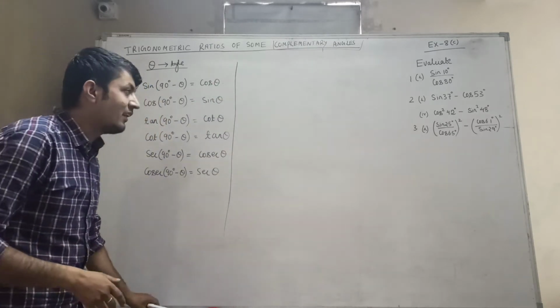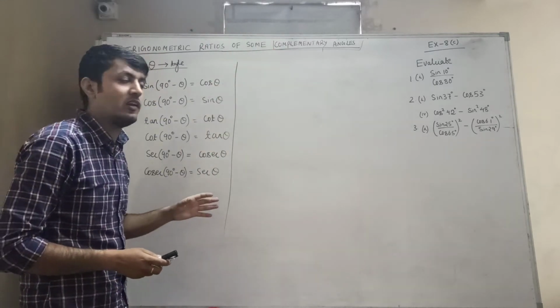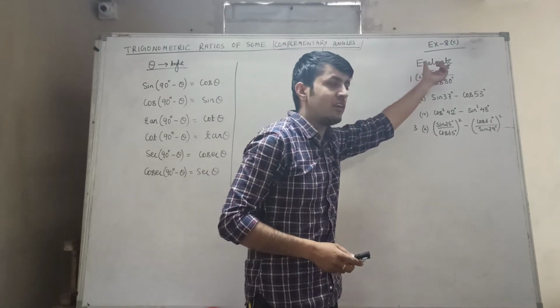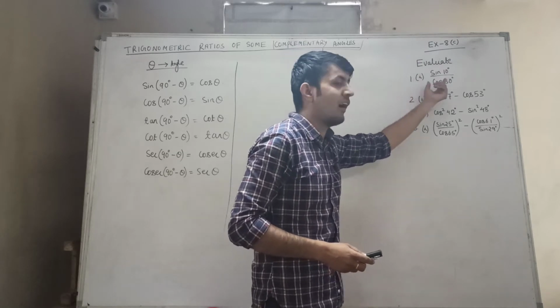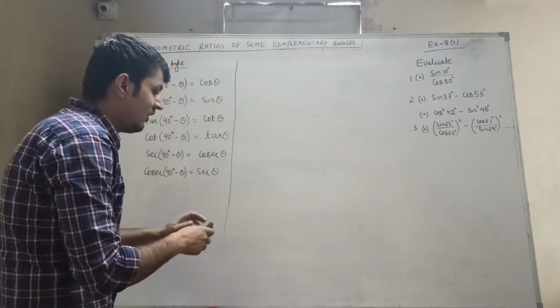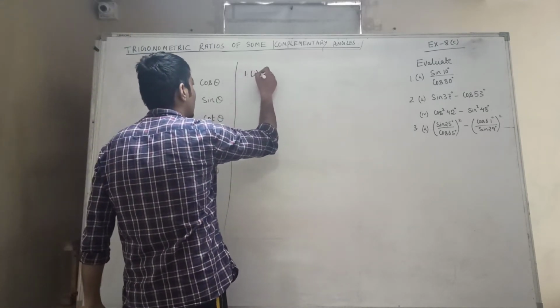Okay. So first of all, you try to understand the problem. If you look here, what they have said is evaluate, that means you have to evaluate this expression, sine 10 degree divided by cos 80 degree. Number 1 solution.